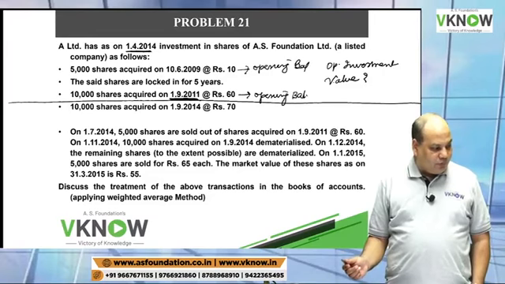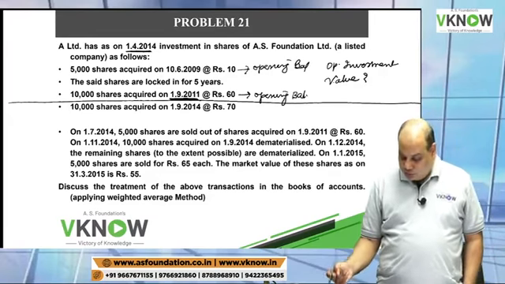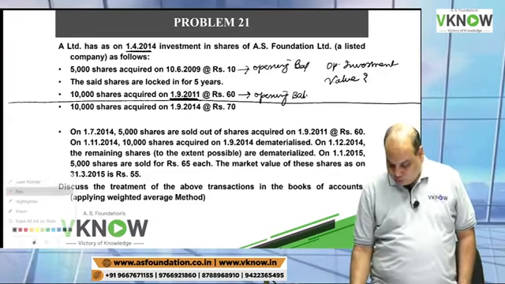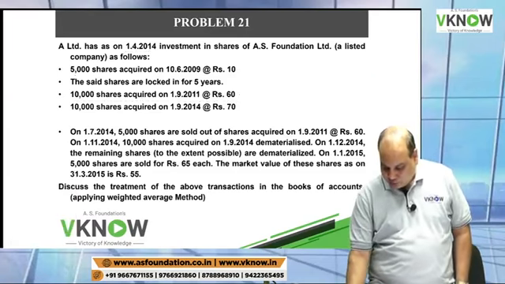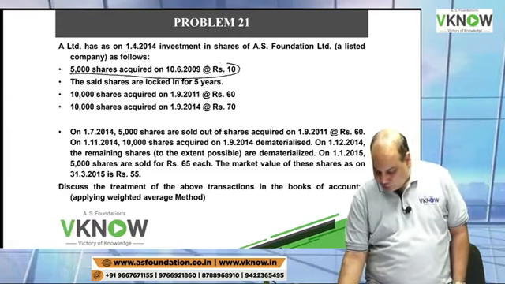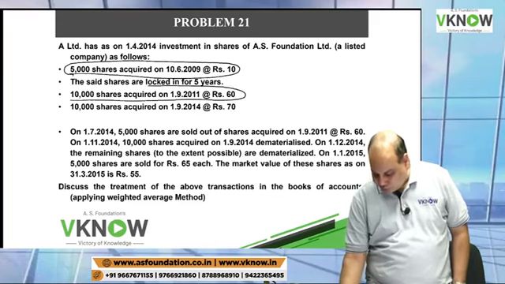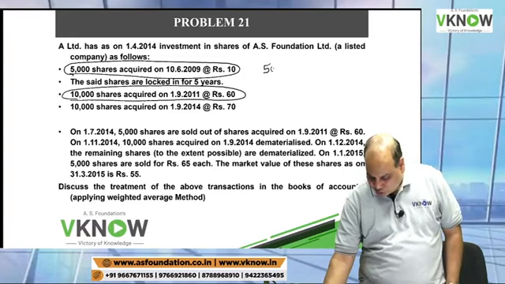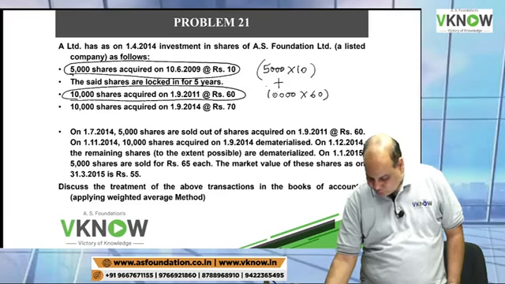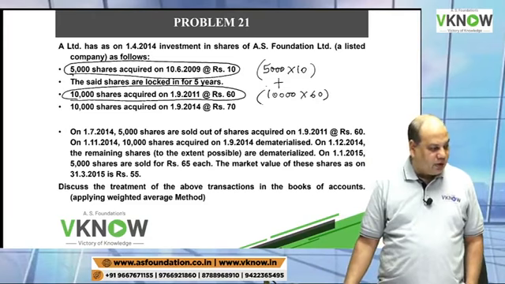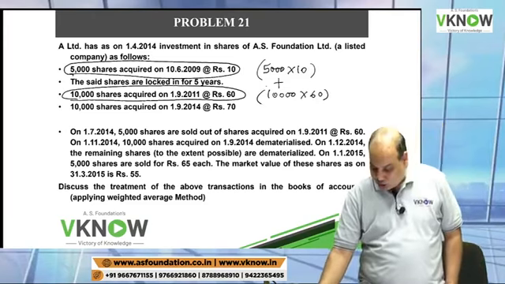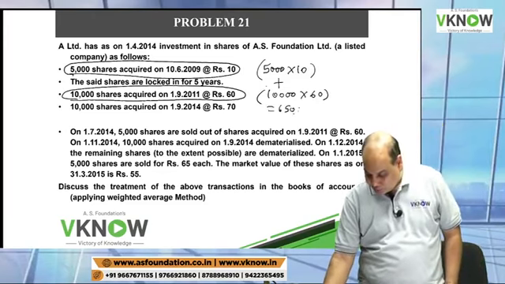Anybody? Since you are not replying, I will answer. This is opening stock. This is also part of opening stock. So total opening stock is 5,000 into 10 plus 10,000 into 60, and now I have started getting the answer.